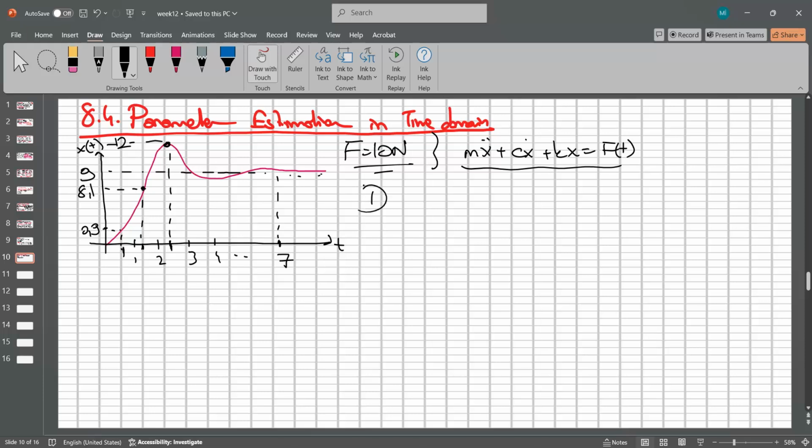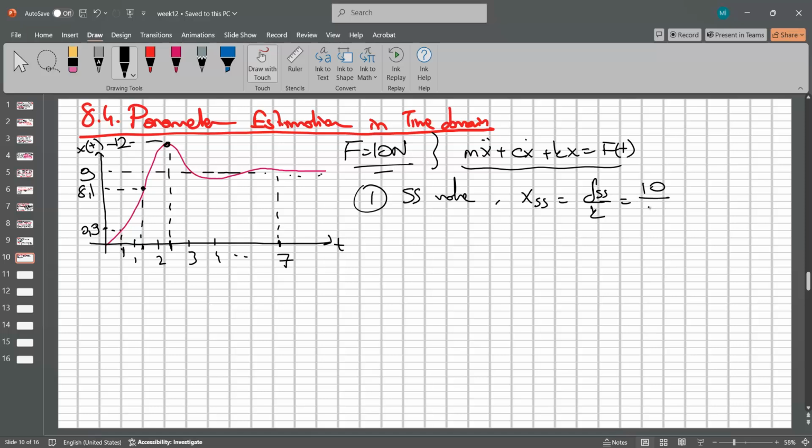First of all, we have the steady state value, XSS. What's the XSS value? XSS is equal to 1 divided by k, right? From the previous formula. But in this case, we apply the 10 Newton, and so this is FSS. 10 Newton should be given here.